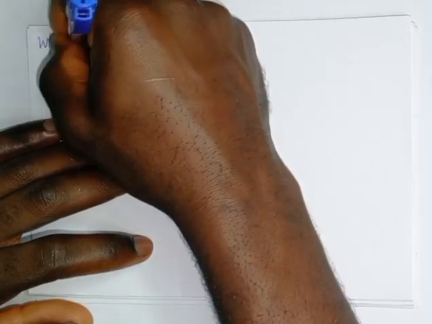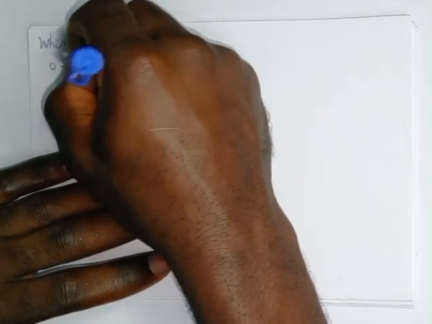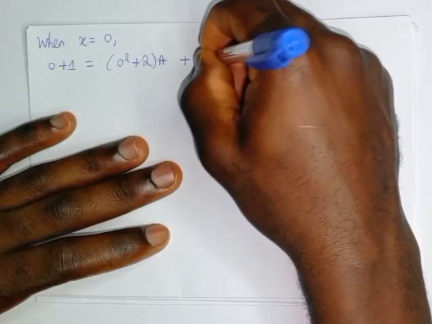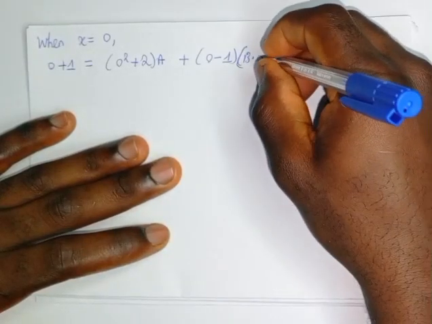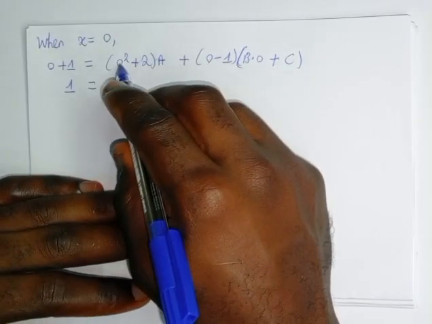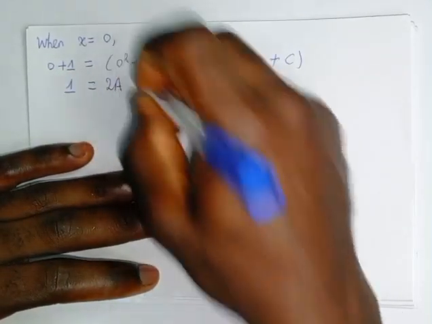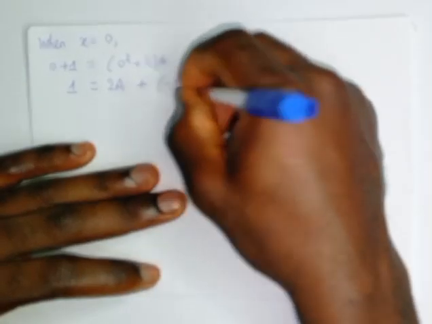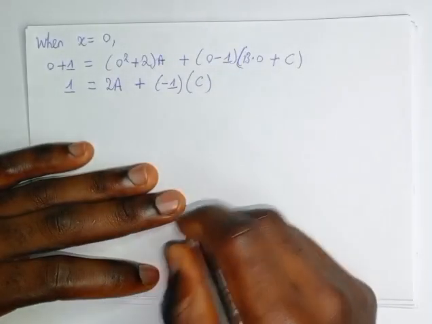When x is equal to 0, this will give us 0 plus 1 to be equal to 0 squared plus 2 times a plus 0 minus 1 times b times 0 plus c, like this. 0 plus 1 remains 1 is equal to 0 squared remains 0 plus 2, it gives 2 times a, 2a, plus 0 minus 1 gives us negative 1 times b times 0 remains 0 plus c. So negative 1 times c.